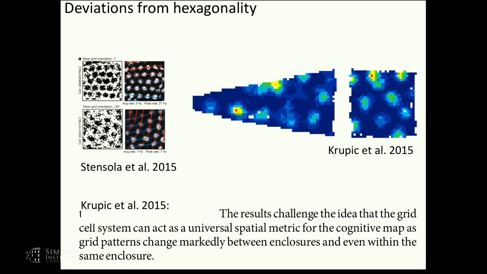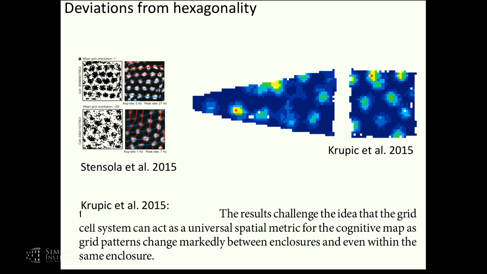So here they argue that because the hexagonal firing pattern is gone in such enclosures, it cannot be a metric. And I think what they got wrong is that they equated one-to-one the firing pattern with a metric.